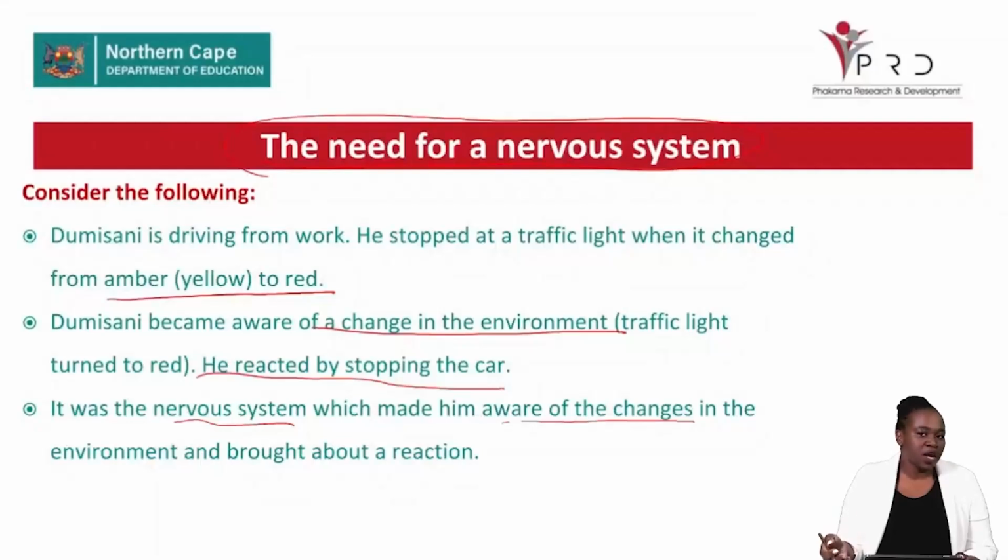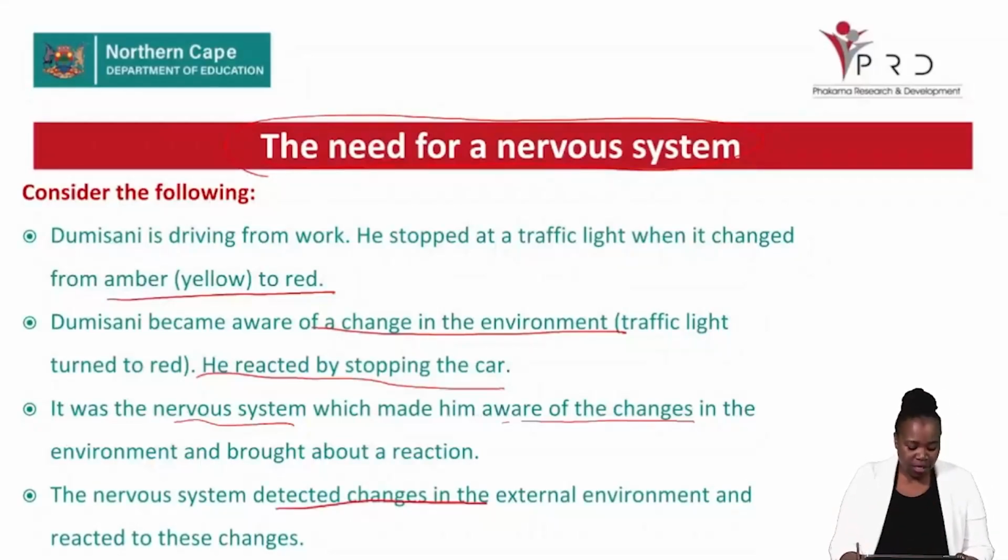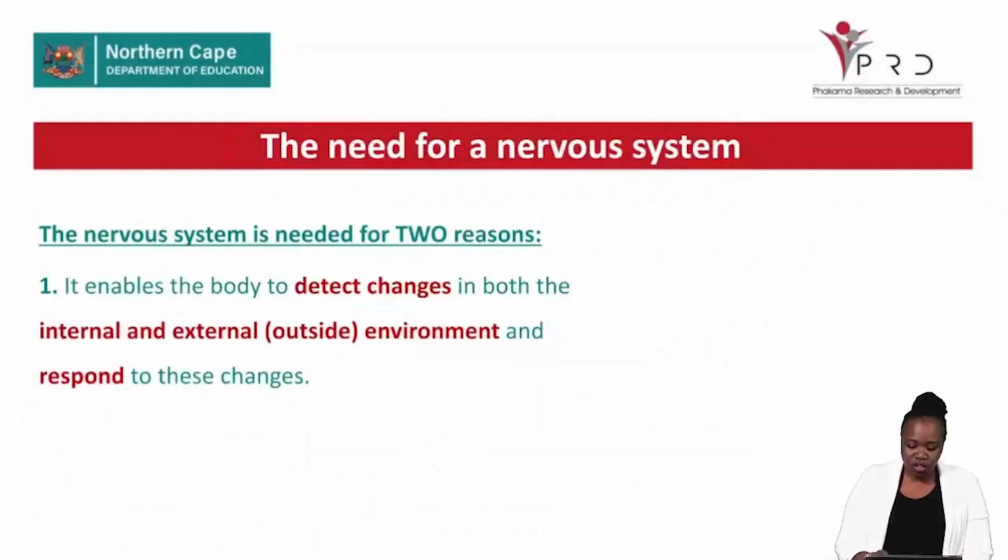So he reacted by stopping the car. Again, the nervous system is the one that detected the changes in the external environment and reacted to these changes. That is one of the functions, or the importance, of the human nervous system: to detect changes in the external environment and to react accordingly.